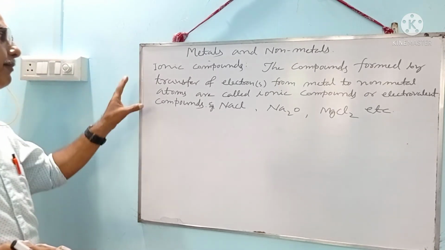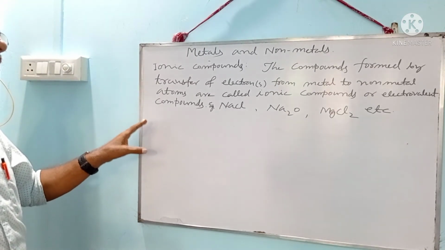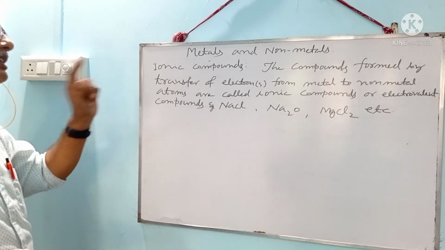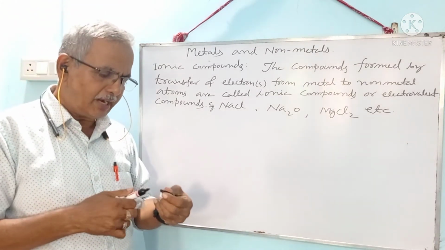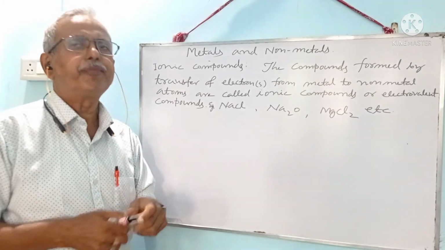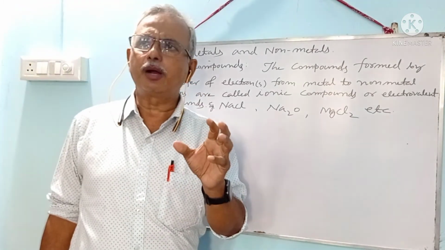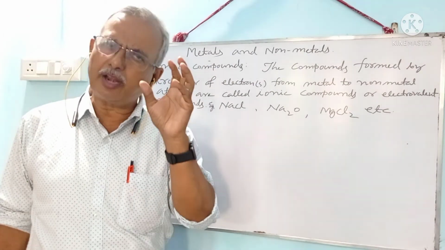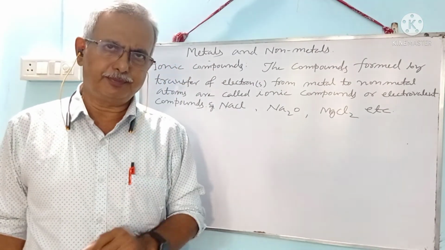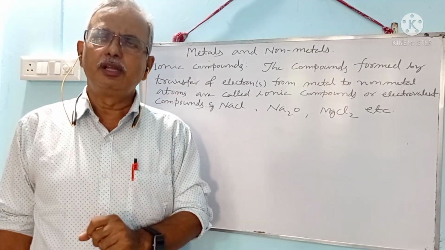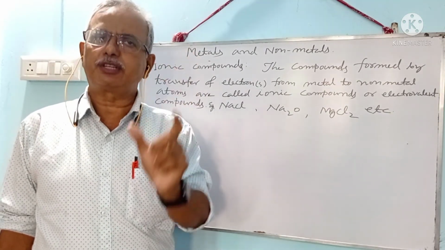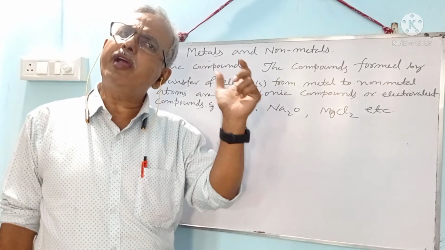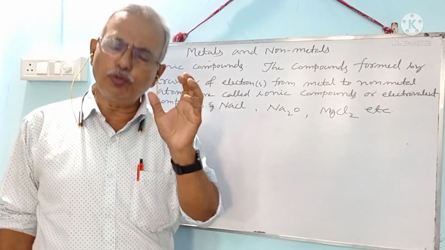Dear friends, after that I am going to discuss the properties of ionic compounds. Let me discuss, and after that I will write. You see, most of the ionic compounds are solid. Why are they solid?